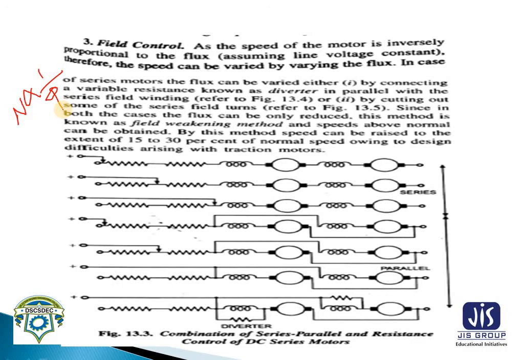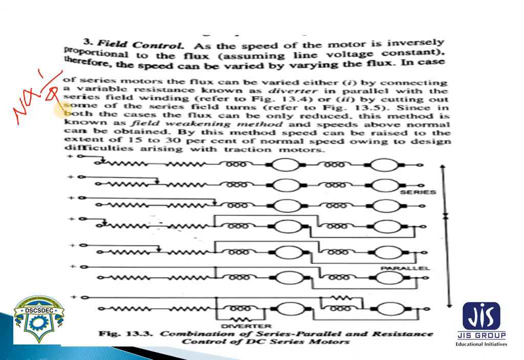In case of series motor, the flux can be varied either by connecting a variable resistance known as diverter in parallel with the series field, or by cutting out some of the series field turns, since in both cases the flux can be only reduced.